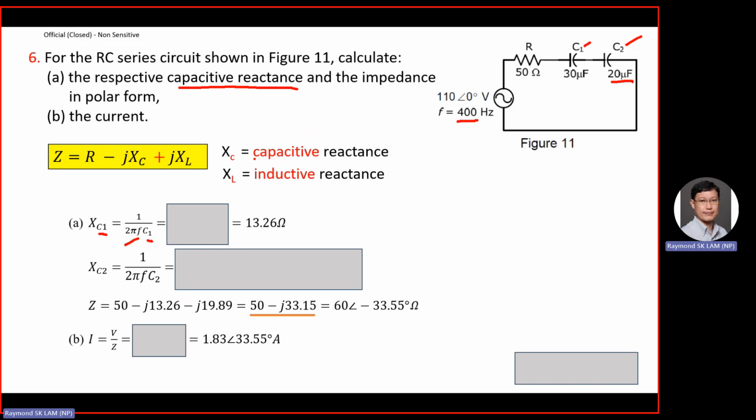Okay, so for the first capacitor, it has XC1. We have calculated there. Right, XC1 there. So the same rule apply. For capacitor, always minus J or plus J. Minus J, right? So minus J. Then you have the second capacitor, C2, so you have XC2.